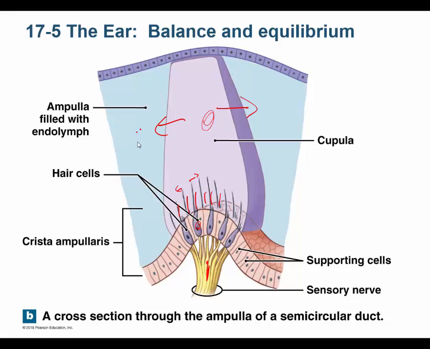So there's the cupula, a gelatinous material. By the way, this is why you get dizzy when you're drinking, because alcohol diffuses into the endolymph, and alcohol diffuses into the gelatinous material of the cupula, and this becomes less viscous and moves more readily and bends these hair cells.